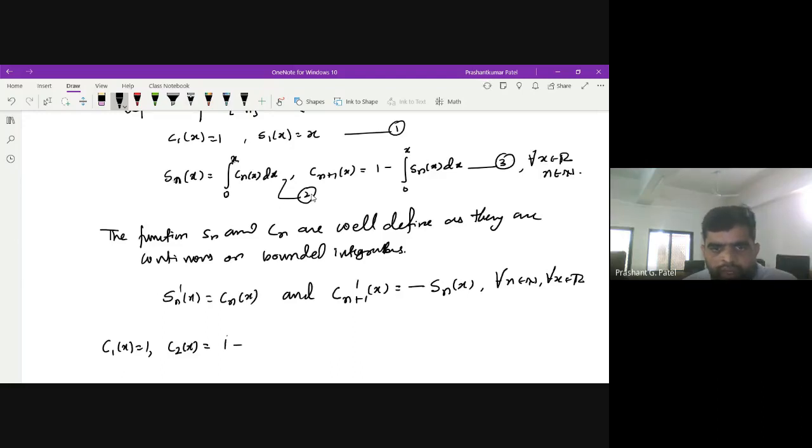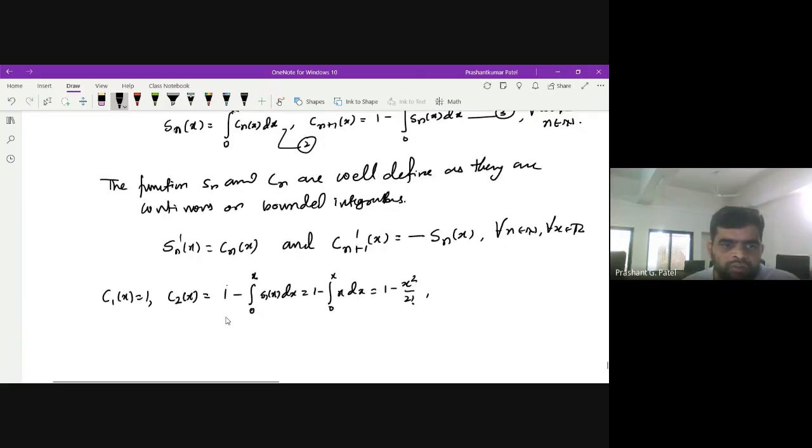So that is 1 minus the integral from 0 to x of S1 of x dx. But S1 of x is x, so if you integrate this, we have x square by 2 factorial. Same way, if you go further, you have to calculate S2 to calculate S3. S1 of x, we know, is x.